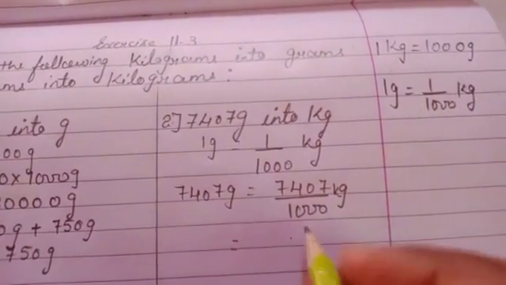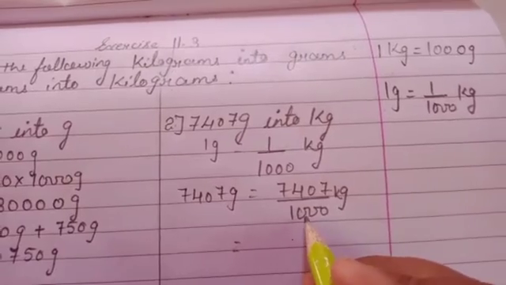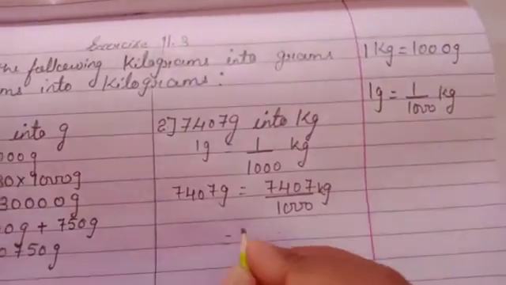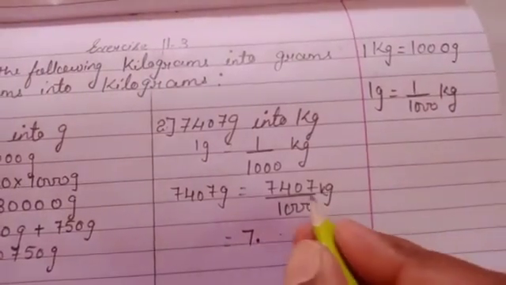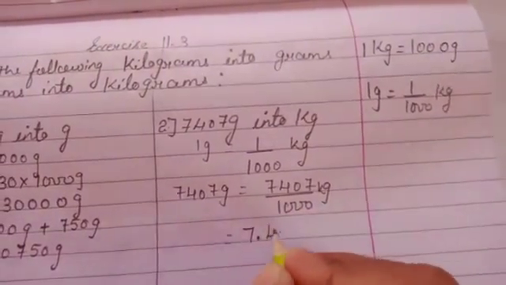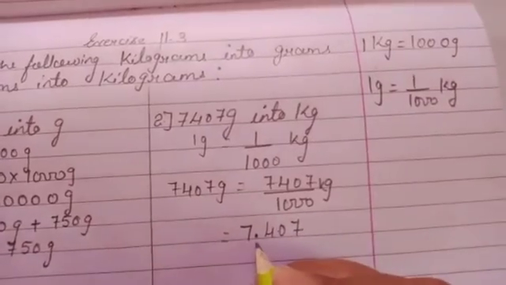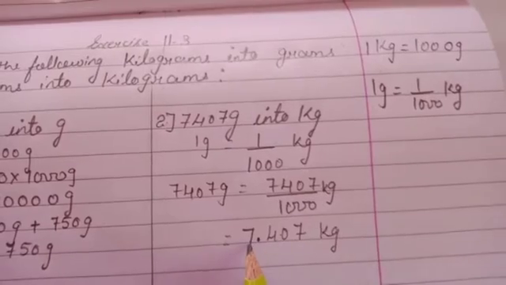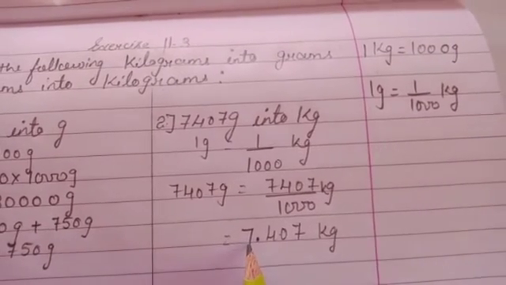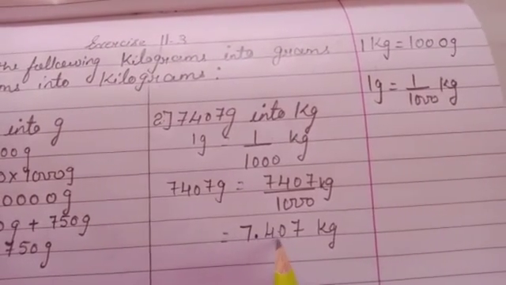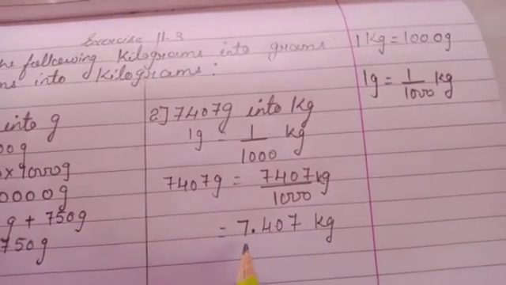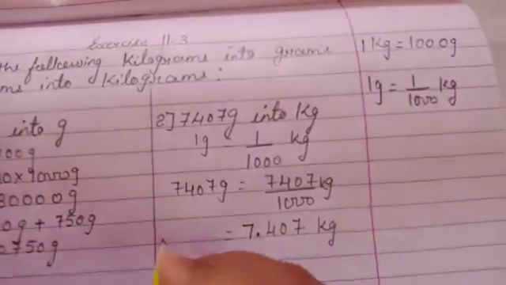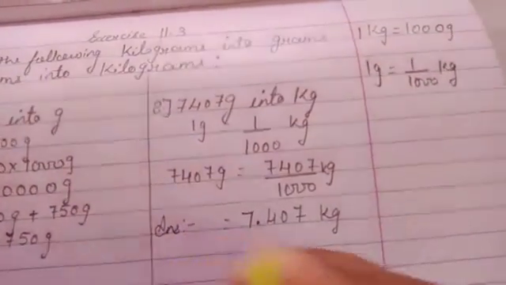We have to divide, so we will write it in decimal. How many zeros are there in 1000? 3 zeros. So we will keep after the decimal point 3 digits. So 407, and we get 7.407 kilogram. Before the decimal point the digit is kilogram, and after the decimal point the digits are gram. So we will write 7.407 kilogram. This is our answer.